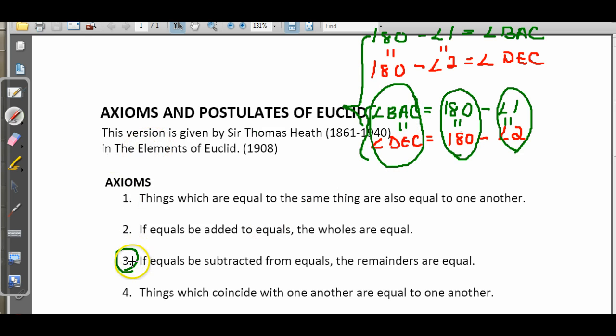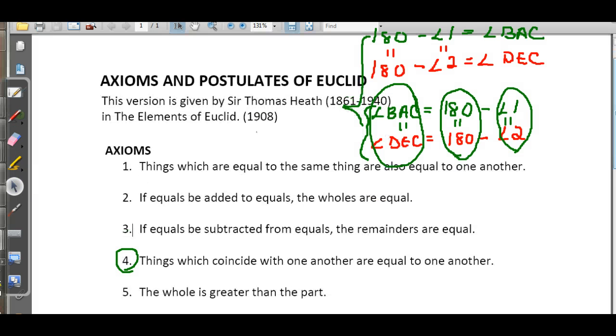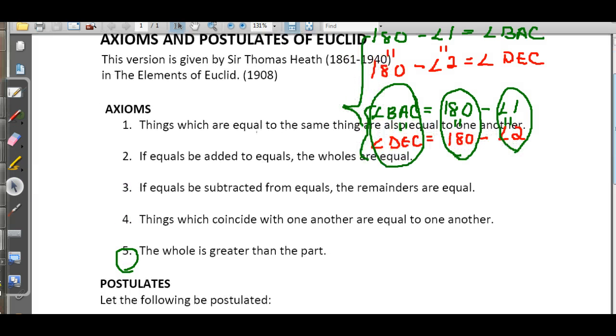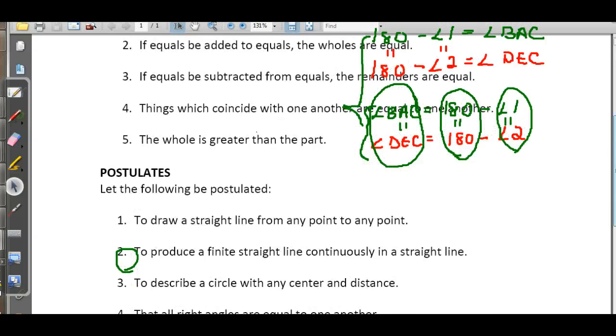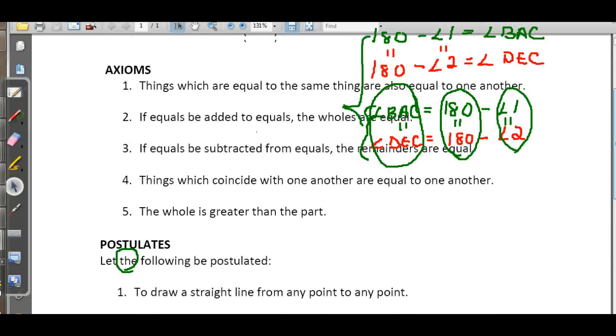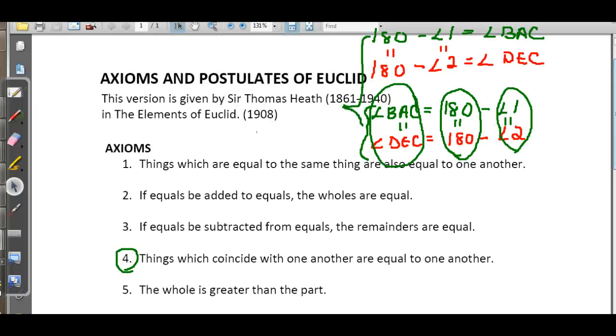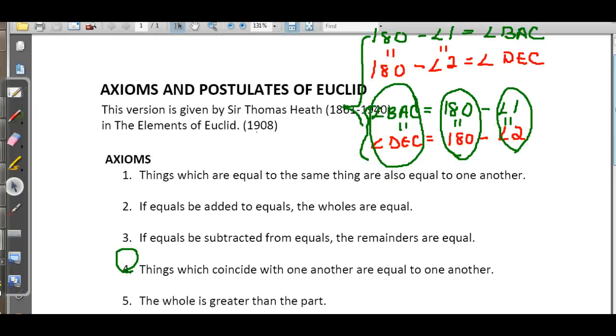And that's Euclid's, one of his 5 axioms that he built everything on. His 5 axioms, here's his 5 postulates. But here's his 5 axioms where everything began.